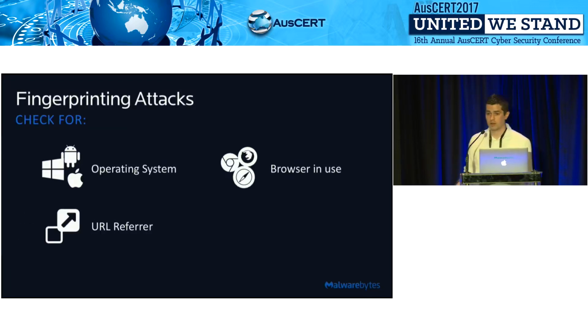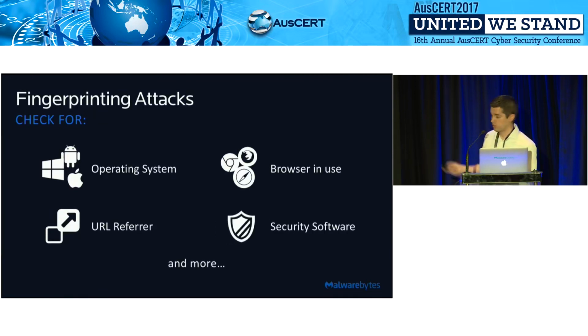They check URL referrers, which is how they in many cases detect if someone is coming from a legitimate source, or is a malware researcher, or an advertising network polling their network to search for malicious attackers. And finally, security software. Avoiding security software allows them to use the same techniques repeatedly over longer periods of time and also avoid detection at the target.